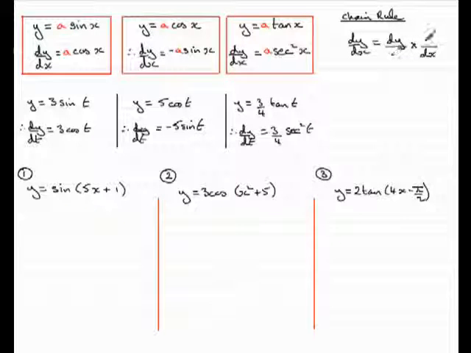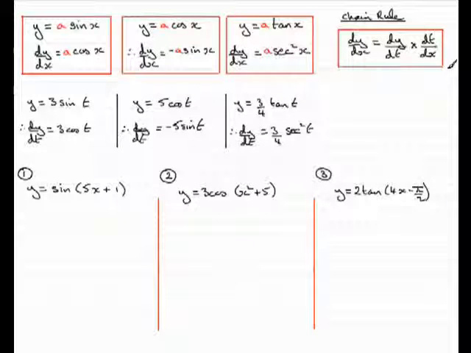Now this d something I'm going to call dt. You can call it any letter you like, but I'm going to call it dt. As long as these two are exactly the same, it's as if they cancel out, leaving you with dy by dx. So this is the chain rule, and I would strongly encourage you to learn that because, as I say, it crops up so much in differentiation.